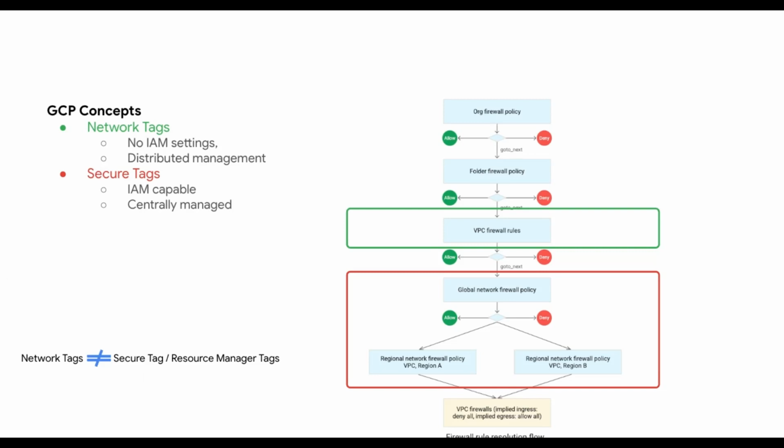You couldn't control what tags are being assigned to an instance, and people could create the tags themselves, make them up. So it's a very distributed model. With secure tags, that has changed. So I just wanted to clarify that network tags are not the same as secure tags, but secure tags are sometimes referred to as resource manager tags or just tags on Google Cloud Platform.